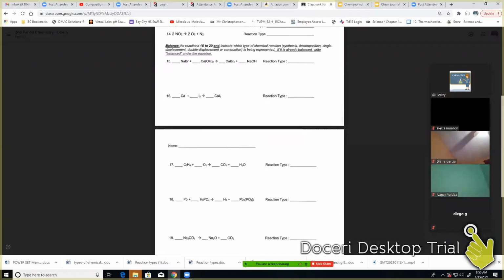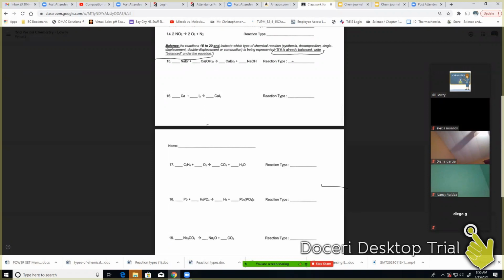On the ones that are left, 15 through 20, you've got to look and see what type it is and then balance it. There are a few that are already balanced. If you have one that's already balanced, just underneath it, write balanced. Still choose what type it is. Everything should have a type. Some you'll have to balance and some will already be balanced.